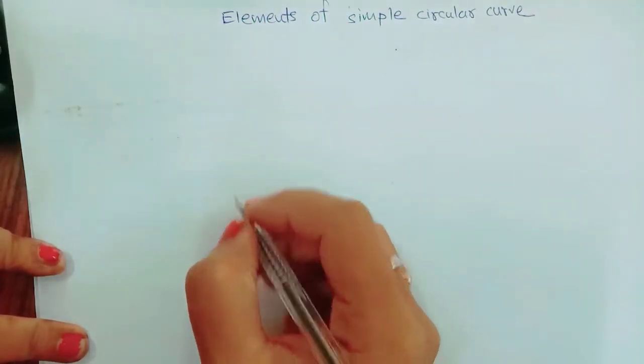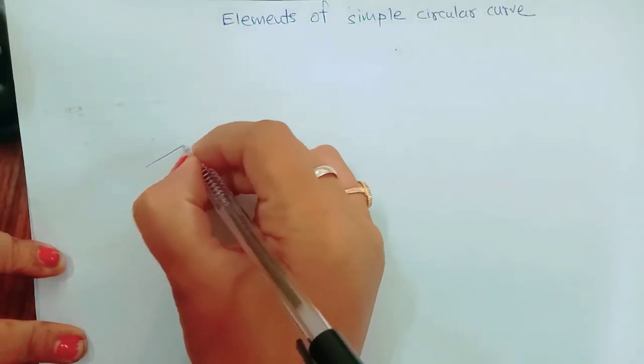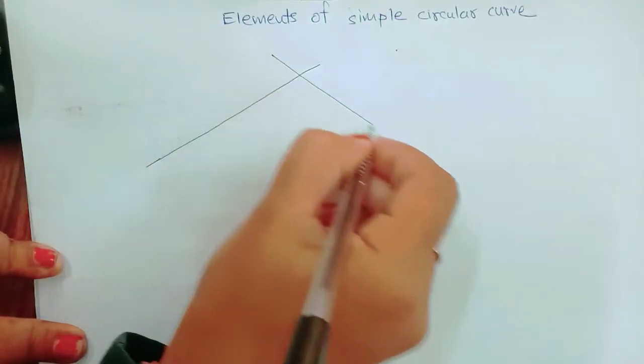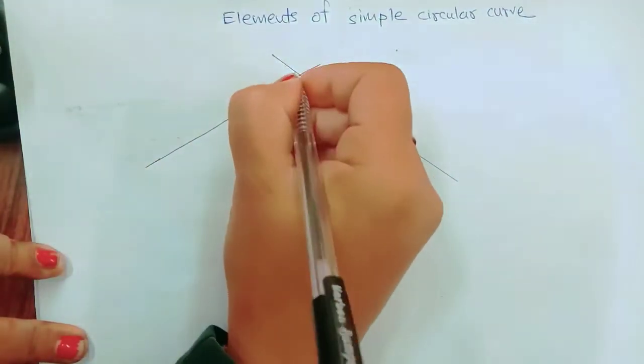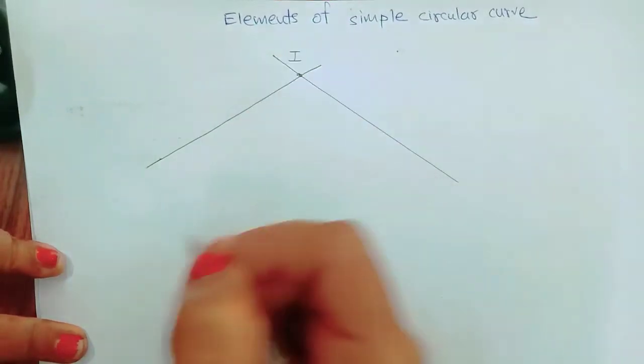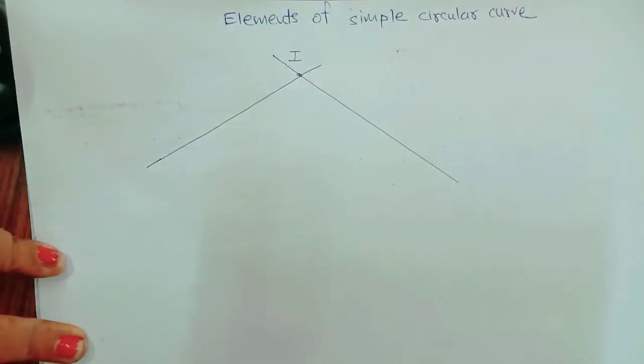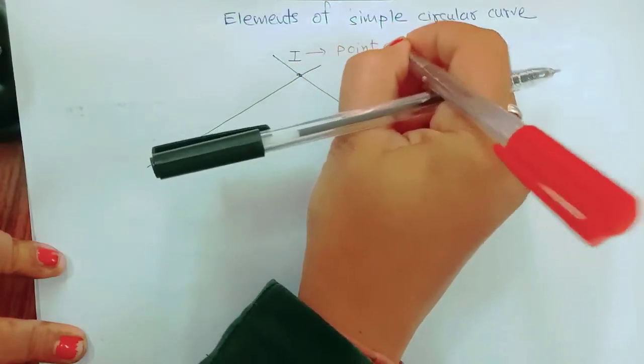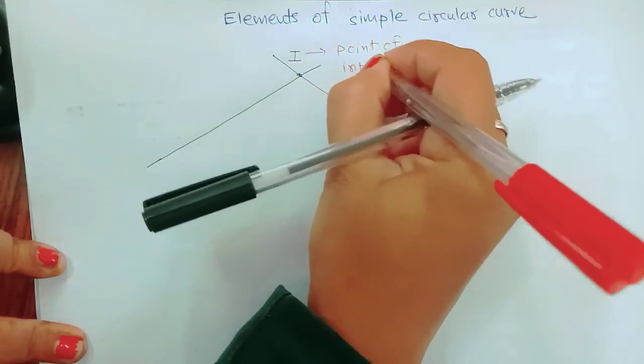तो सबसे पहले यहाँ पे मान लो that here two straight lines intersect at a point I. So this is known as a point of intersection.